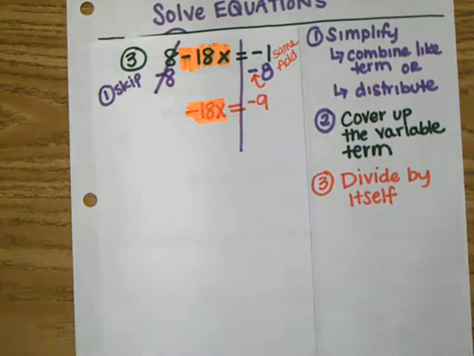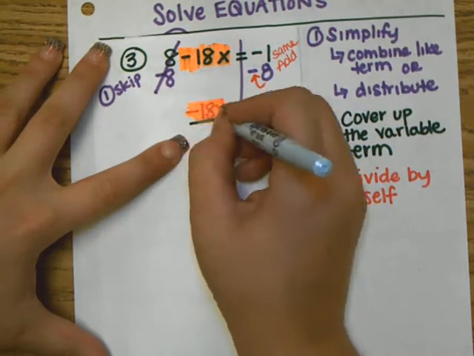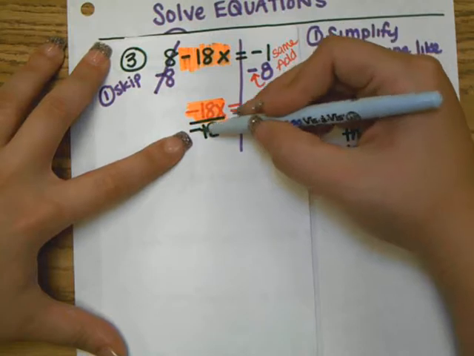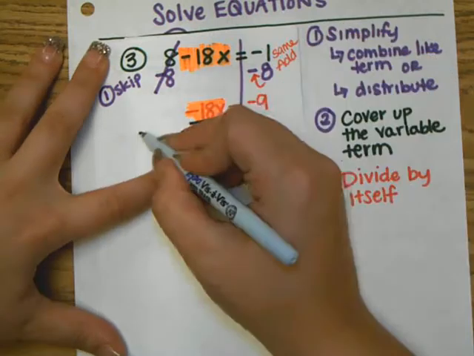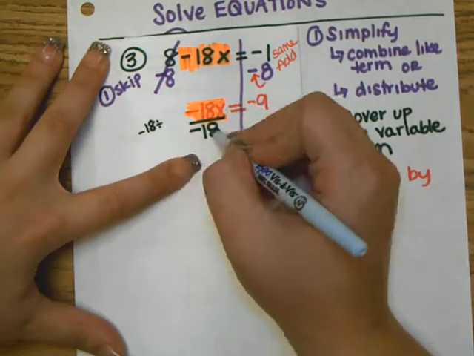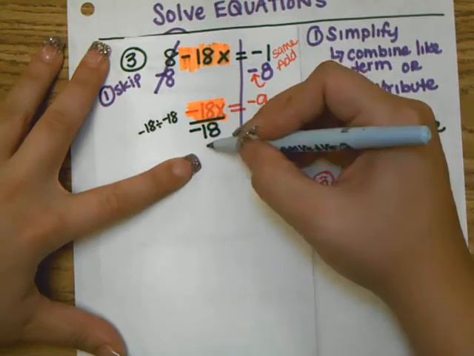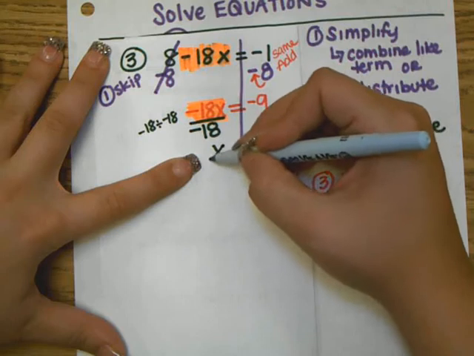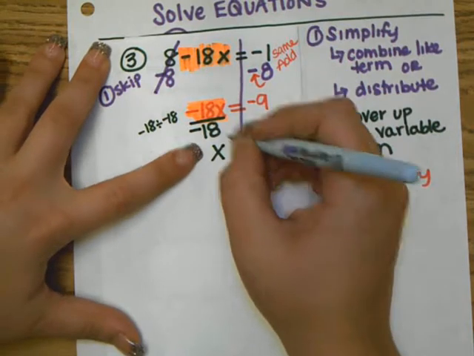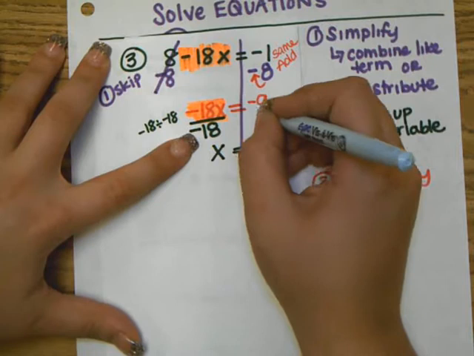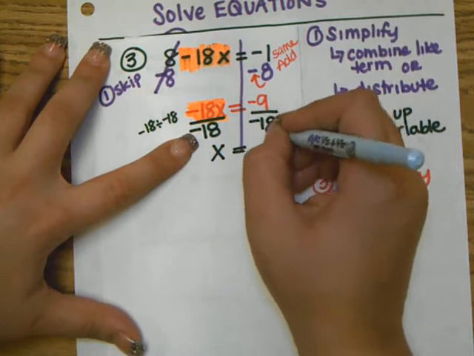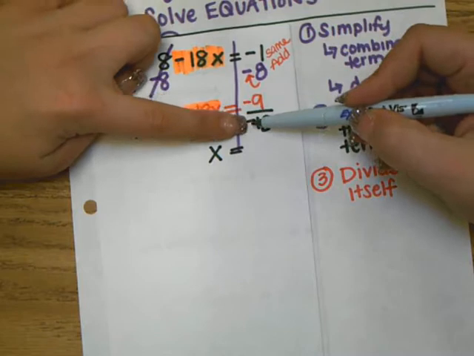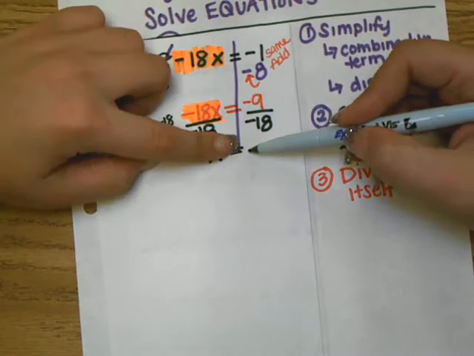Then the last step, when the variable term is by itself, we're going to divide by itself. And the reason why we divide by negative 18 is negative 18 divided by the same number is 1x. So 1x. And then if we divide by negative 18 here, we're going to divide by negative 18 on this side.